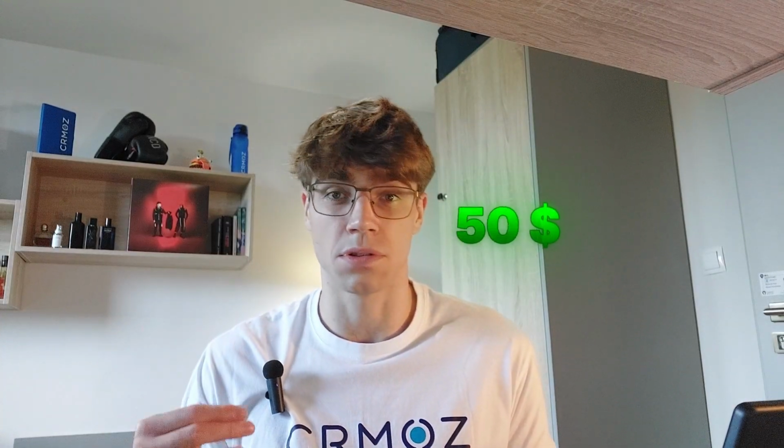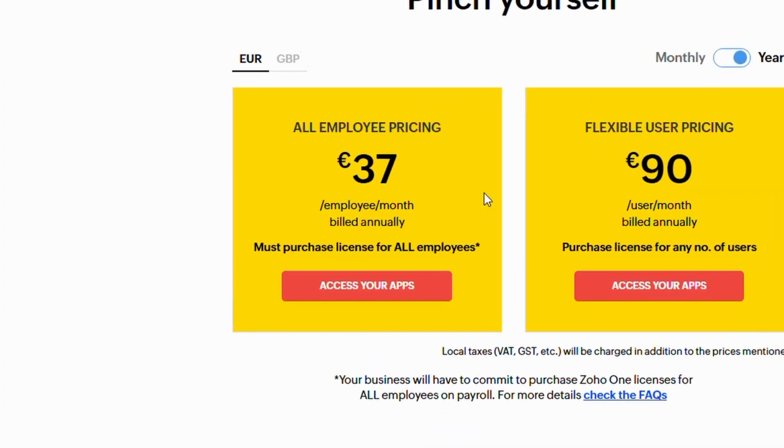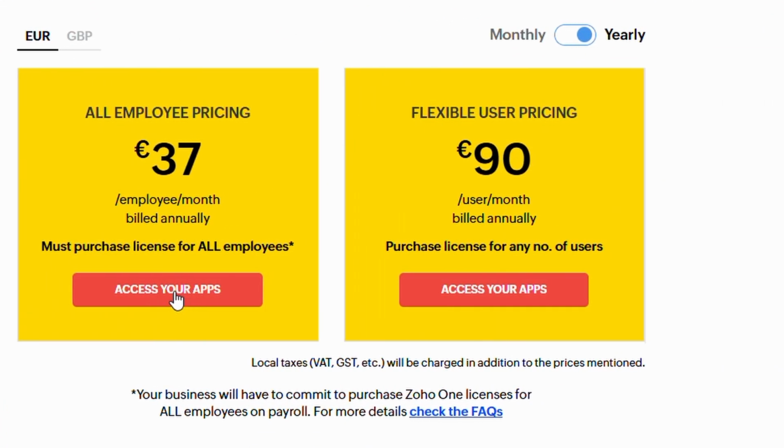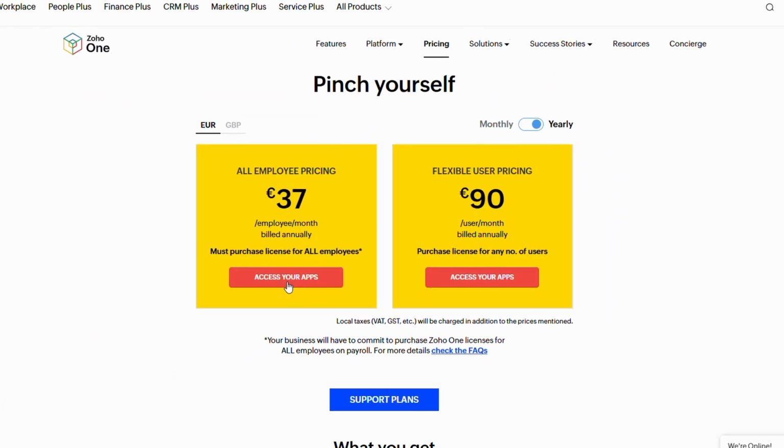This is where Zia becomes powerful. At Ultimate plan at $52 per user per month, Zia Agent Studio. This is where your business starts running itself. And you can try Zoho One at $37 per user per month. Every app, every Zia feature across your entire business. Best value on the market so far.